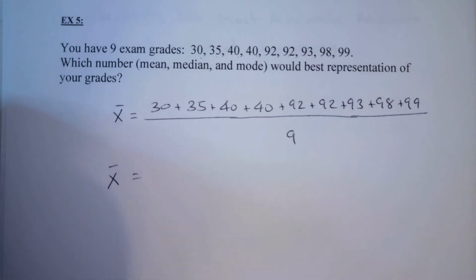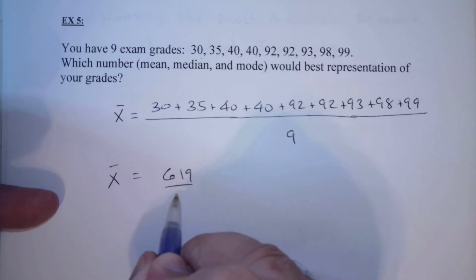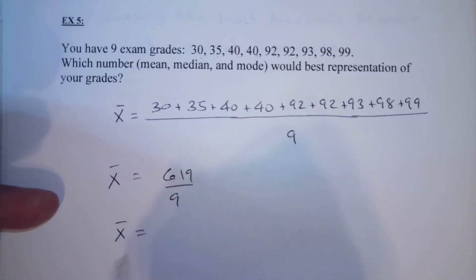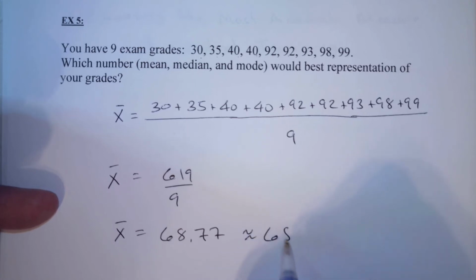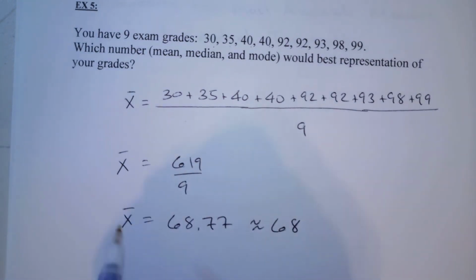So we add 30 plus 35 plus 40 plus 40 plus 92 plus 92 plus 93 plus 98 plus 99. That equals 619 over 9. Divided by 9 is 68.77, so 68. Okay, that's the mean.